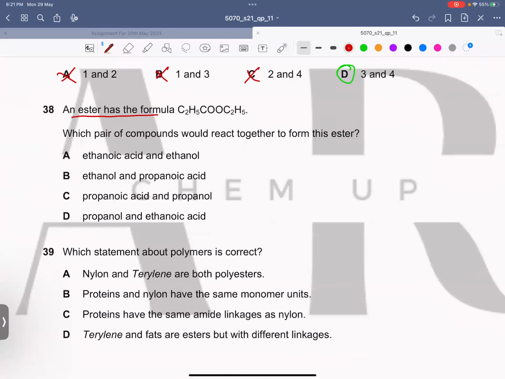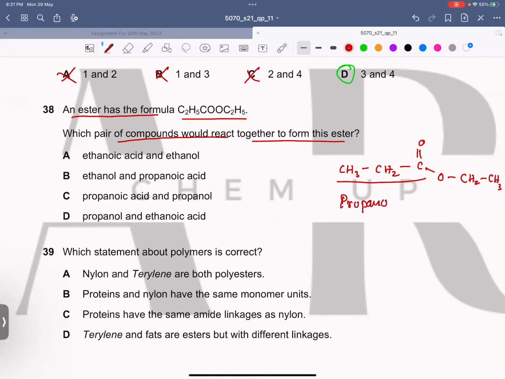An ester has the formula C2H5COOC2H5. Which pair of compounds would react together to form this ester? If I draw an open structure for this one, you will find that it would be this. So C double bond O with 2 more carbon atoms makes it propanoate, which comes from propanoic acid.